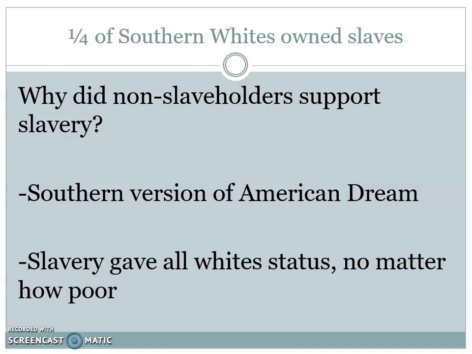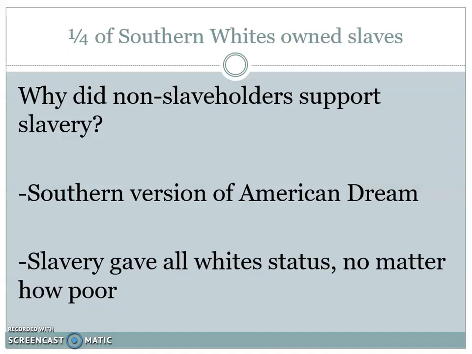But even if you never own slaves, you still support the institution of slavery. Because slavery gave all white status, no matter how low, no matter how poor. If you're white, there's a whole group of people below you, the slaves.